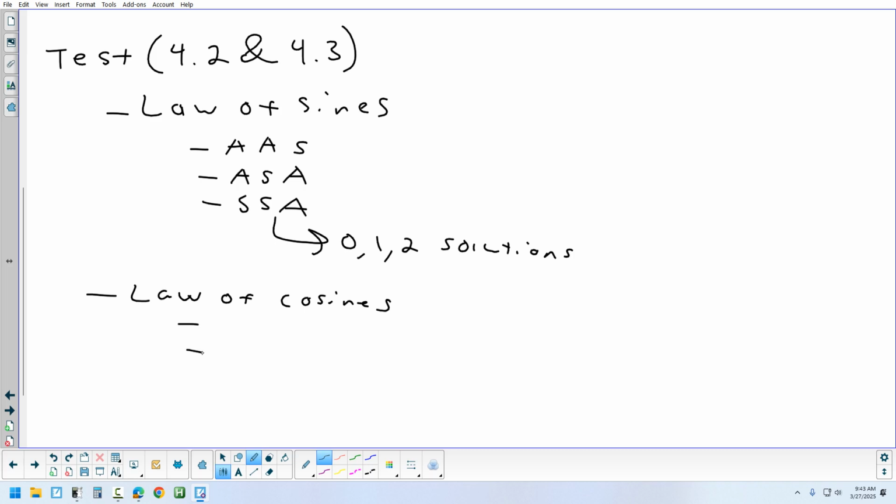Two types we get under that: side, angle, side; and side, side, side. With side, side, side, you do have to check for 0 or 1 solutions. But that doesn't take anywhere near as long as the 0, 1, or 2 solutions.